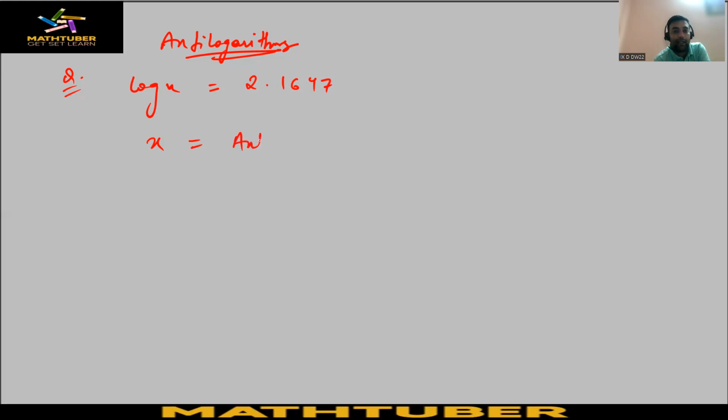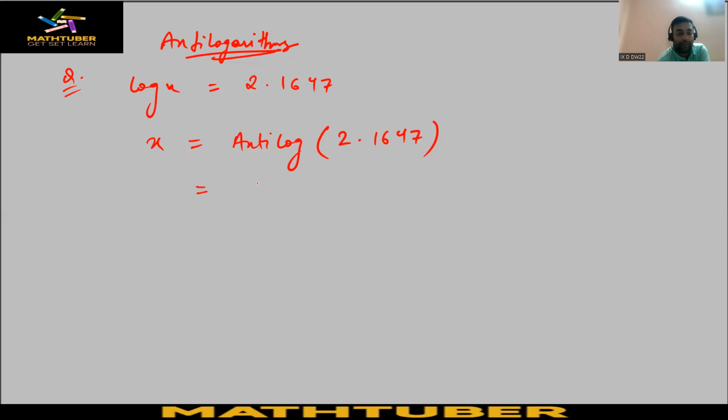So if we take the anti-log, log will be removed from here and we have to find out the anti-log of 2.1647, right? Now this 2 becomes the power of 10, which was the characteristic in case of the logarithms.